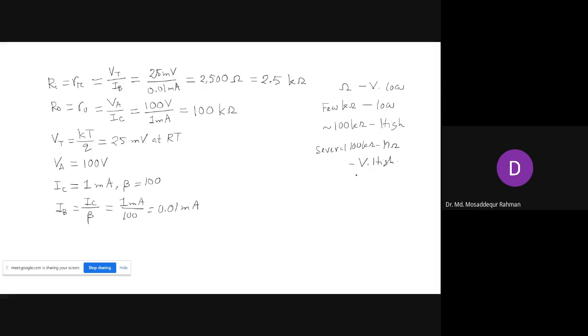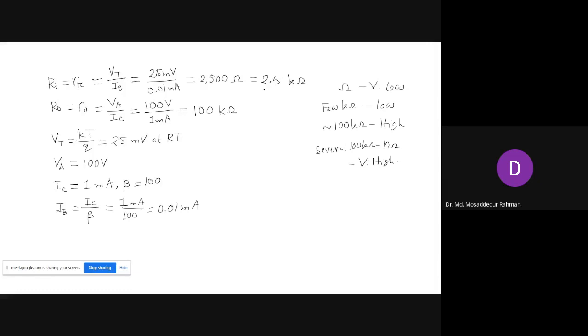Is that clear, guys? Yes, sir. So from this, the definition of low and high: ohm is very low, few kilo ohms is low, and about 100 kilo ohms, so tens of kilo ohms plus, is high.